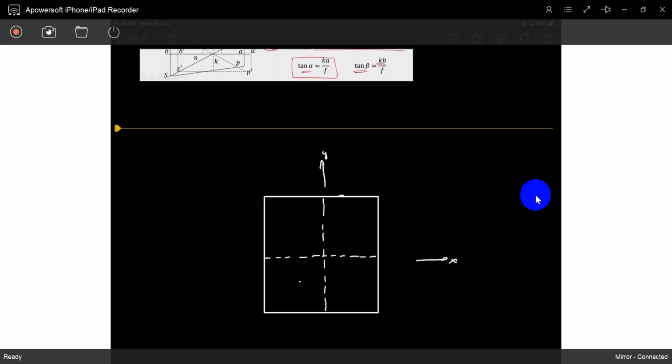If the nadir point is touched and you join it to this principal point, one axis will come, exactly perpendicular to this line. If you draw it, this is another point N, this is O.